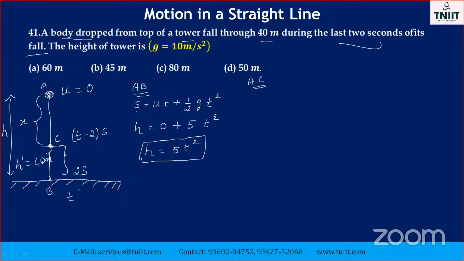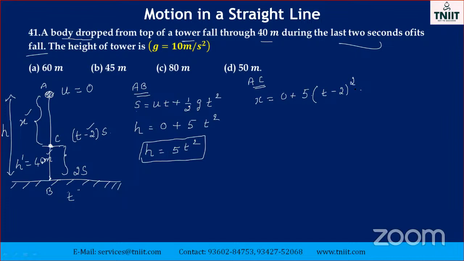For A to C, what is the distance covered? X, which is equal to ut, so the u value will be 0, plus half gt squared. Half into g is 5, right? Into t squared. What is t squared? The time taken is t minus 2 whole squared, isn't it?